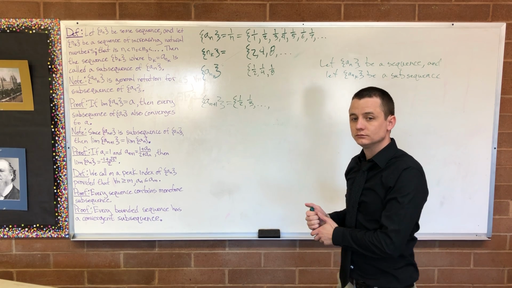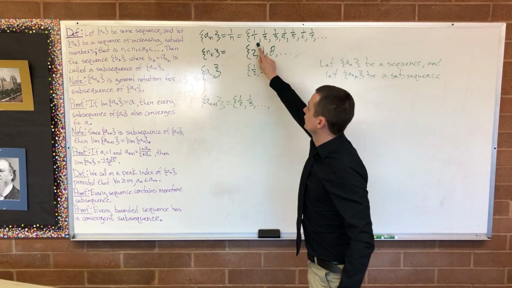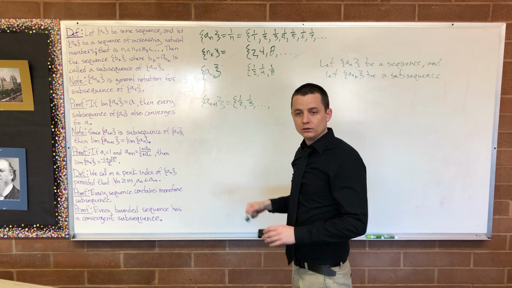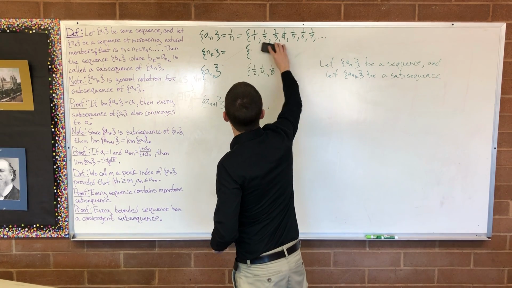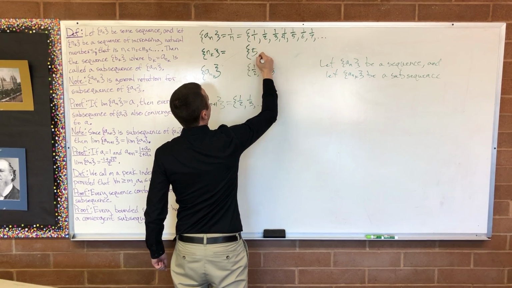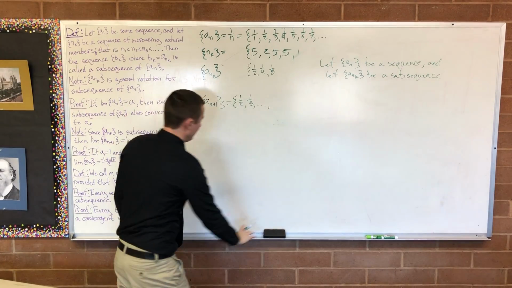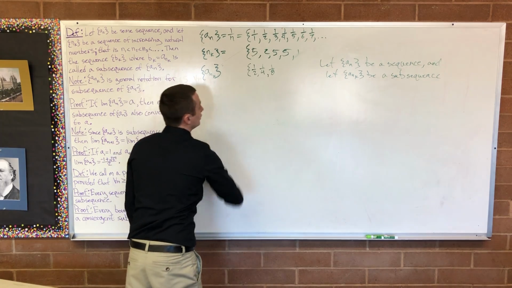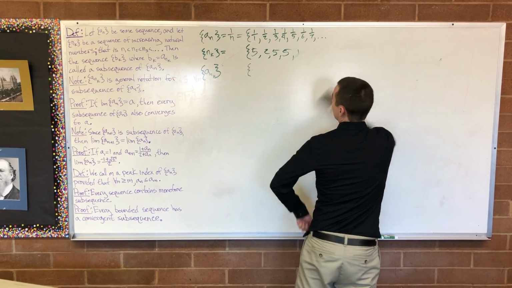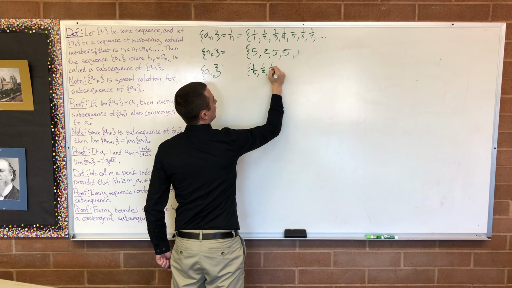Why is it a necessary condition that the natural numbers are increasing? What we're saying is you can't keep picking the same term over and over again, or change the order of the sequence. For example, if we did 5, 2, 5, 5, 1 as our first terms, then it's no longer a subsequence, because now this sequence is going to be 1/5, 1/2, 1/5, 1/5.